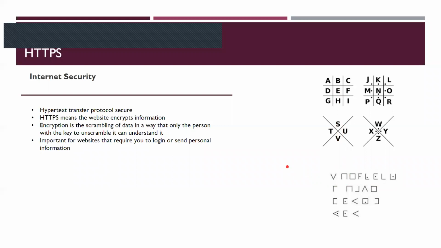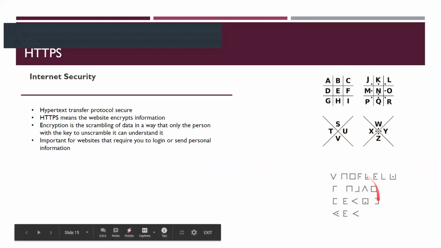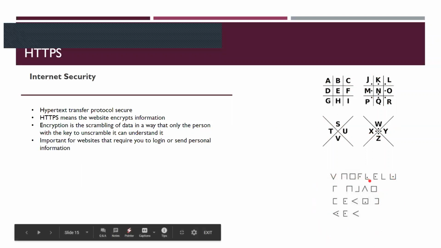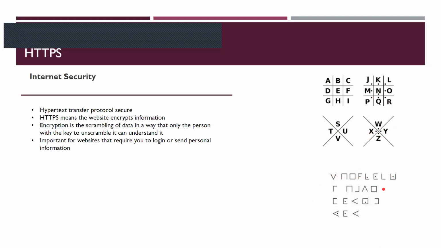So if you were to put in your username and password on a website using these letters, the website would encrypt it to this, and that's how it would send it from your computer to the database to log you in. And if it gets intercepted, this isn't letters. It's hard for someone intercepting it to understand what it means.